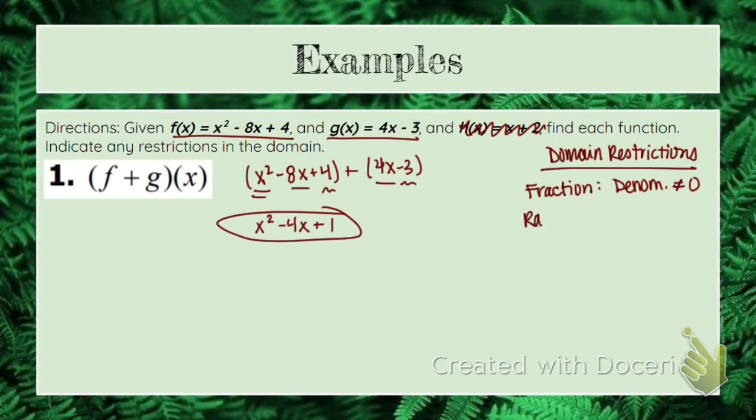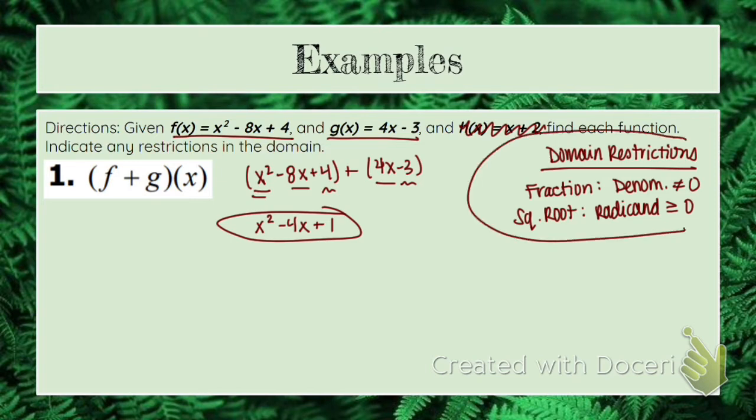And in a radical, actually a square root, which we're not going to deal with much here, the radicand, which is what's under the radical, has to be greater than or equal to 0. When we get to an example, that will make more sense, but because this is not a fraction and is not a radical, our domain is just going to be all real numbers.